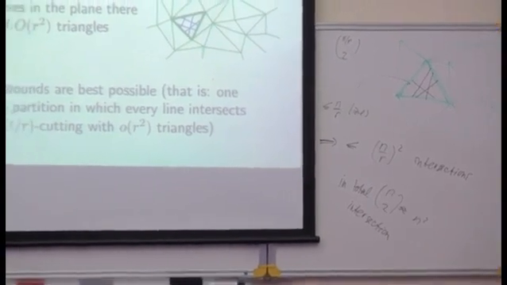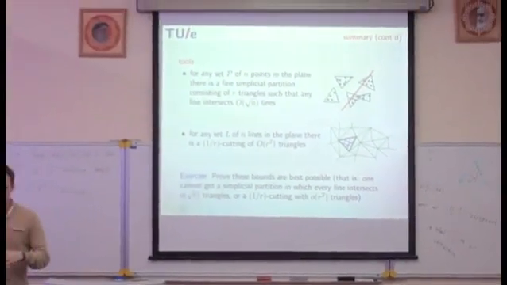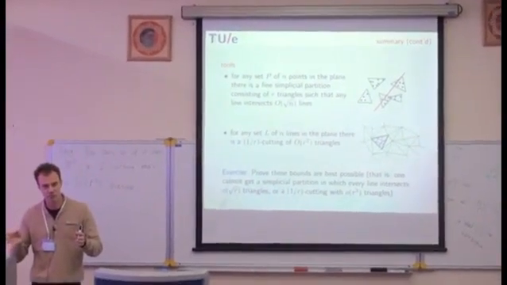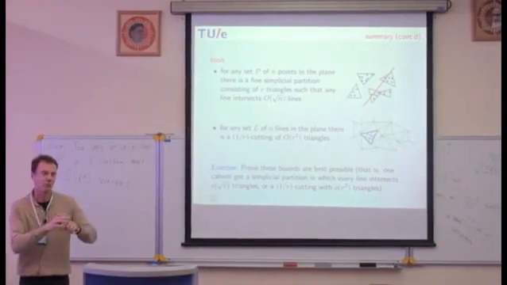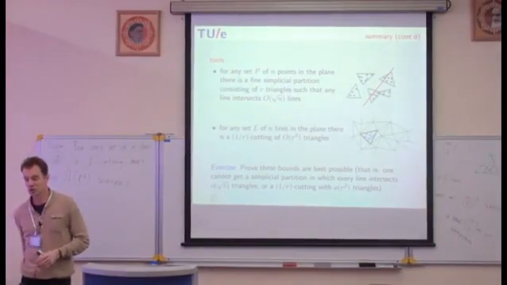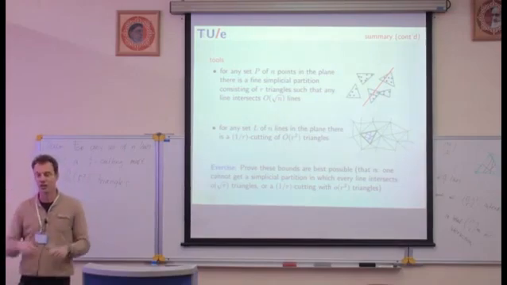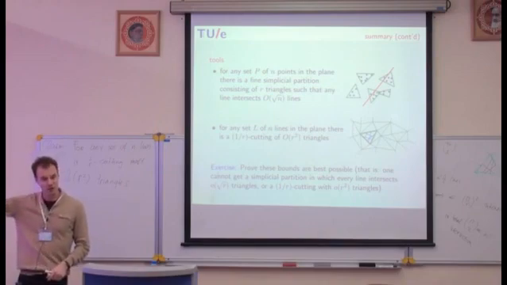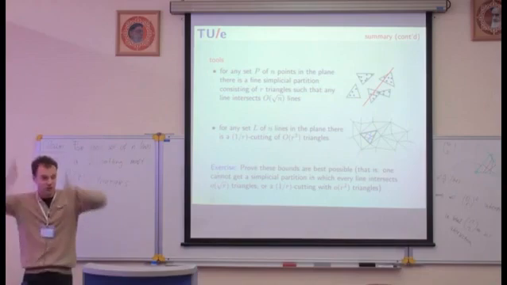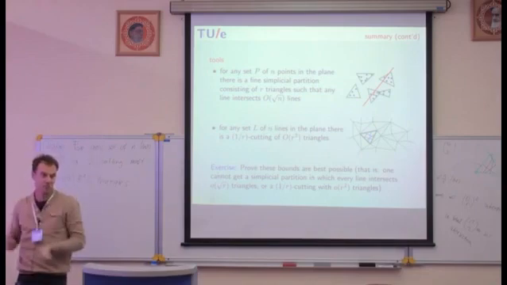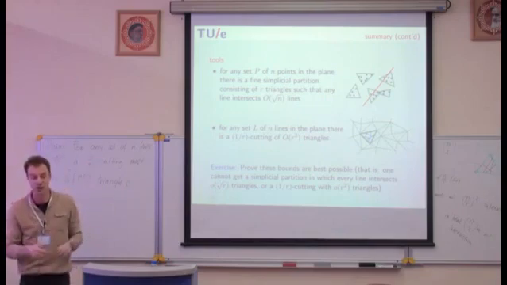So as you can see, this actually doesn't really depend on which set of lines you have. For any set of lines, you can do this argument. Normally a set of lines has n squared intersections because any two lines intersect. If all the lines are parallel, for instance, then it's different. If they're all vertical, then you could have a cutting which consists of long vertical, infinite triangles, and then you get something better.